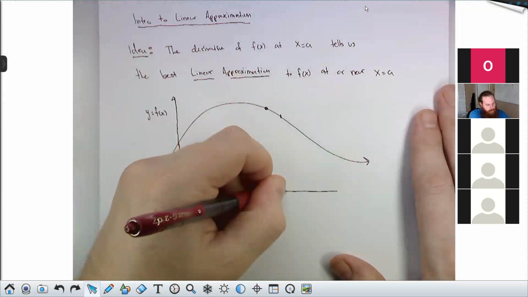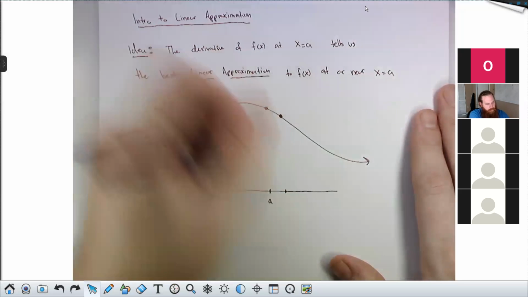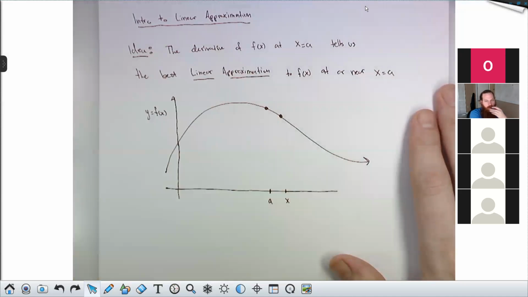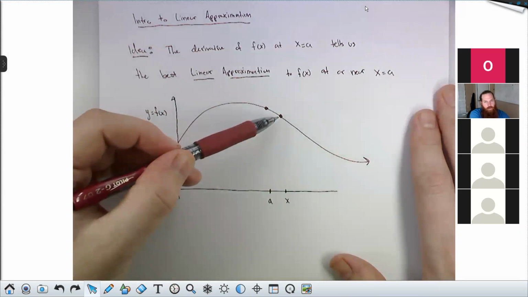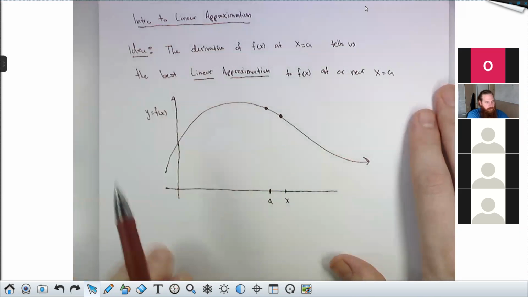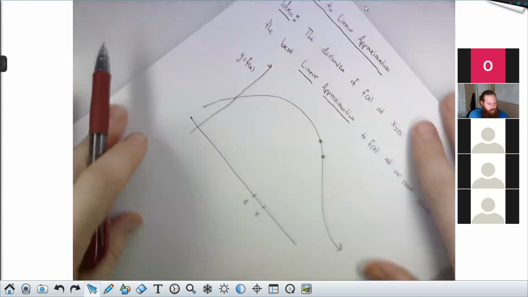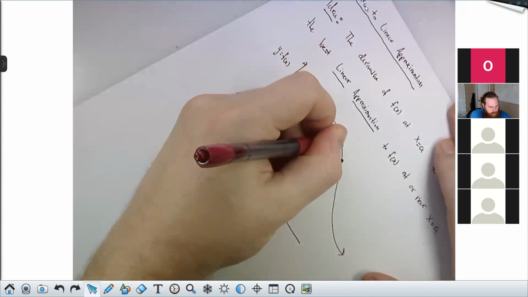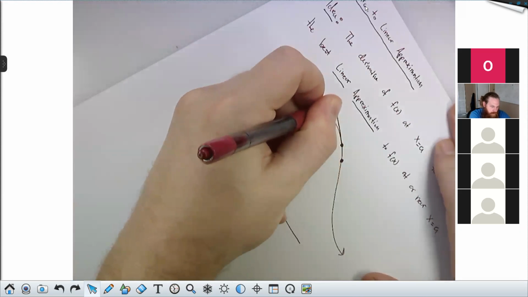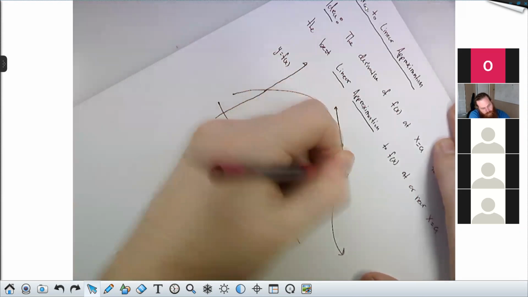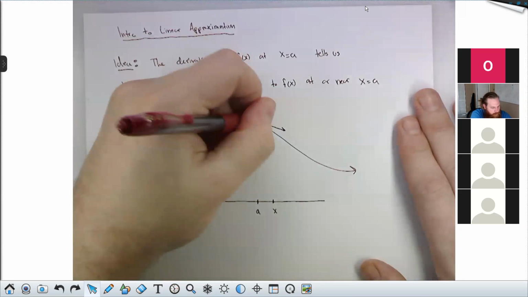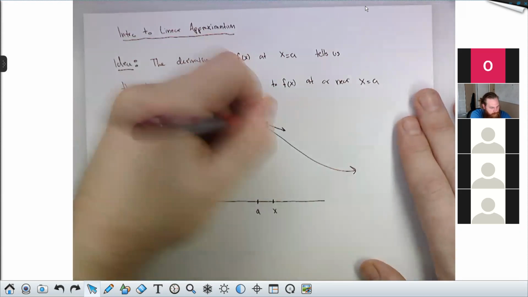We'll call this nearby point x comma f of x. If it's very, very hard for me to figure out the y value here, then an alternate approach would be to look at the tangent line to f of x at a and try to find the y value on the tangent line instead.